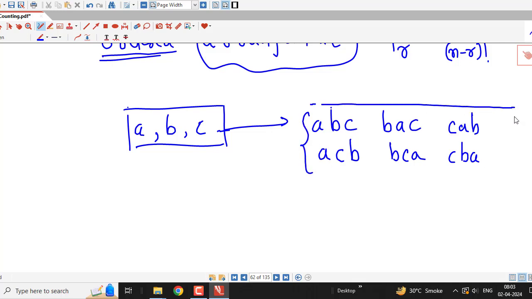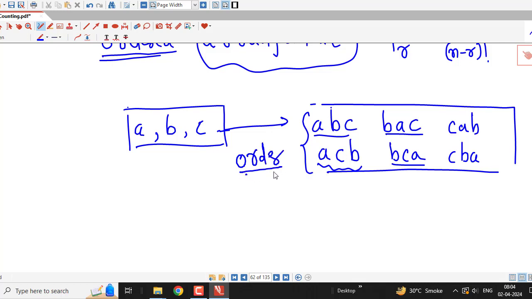These arrangements are called permutations of these three objects. So there are 6 permutations of these three objects.